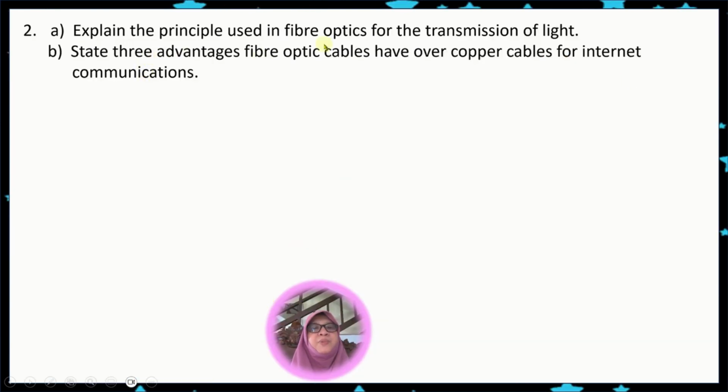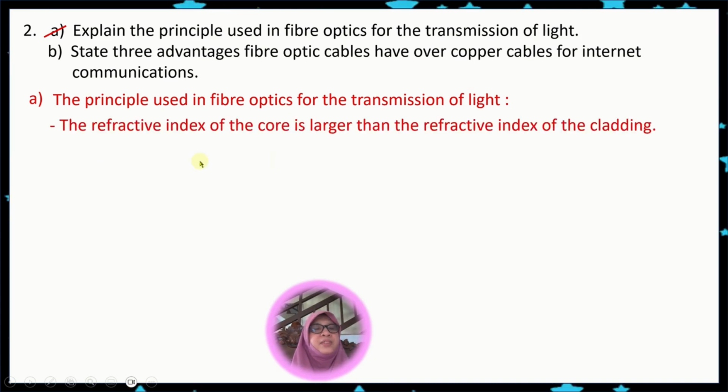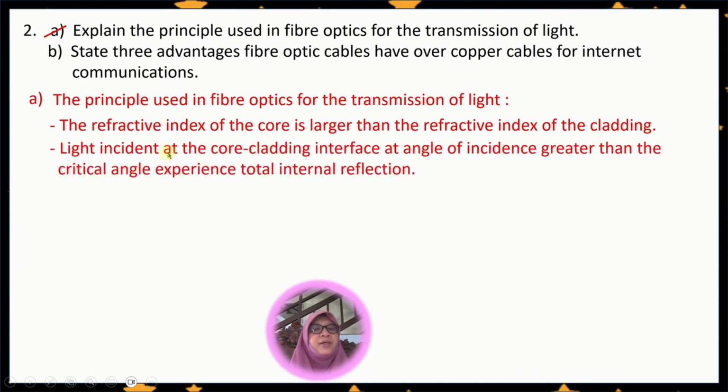Explain the principle used in fiber optics for the transmission of light. The principle is, first, the refractive index of the core is larger than the refractive index of the cladding. Then the light is incident at the core-cladding interface at an angle of incidence greater than the critical angle, and it will experience total internal reflection.